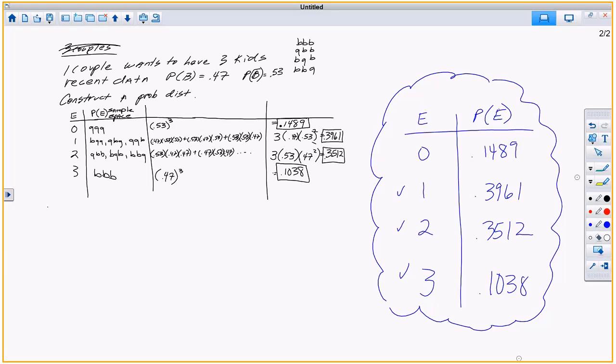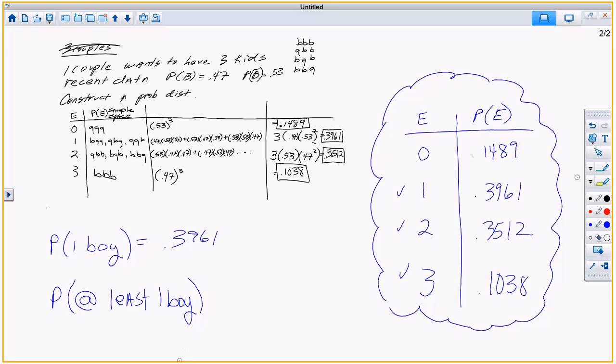So if I asked you for the probability of 1 boy, now there's going to be a question on the test or on the homework about people on a jury. This is the same type question. The probability of at least 1 person on the jury, probability of at least 1, boom, 0.3961. The probability of at least 1 boy is going to be, well, somebody add it up.